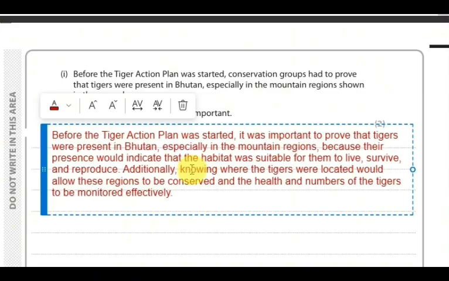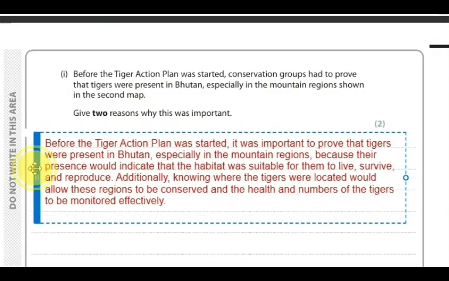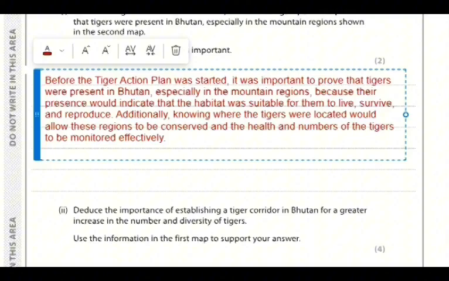Additionally, knowing where the tigers were located would allow these regions to be conserved, and the health and the number of the tigers would be monitored more efficiently. Now let's move on to the next question.